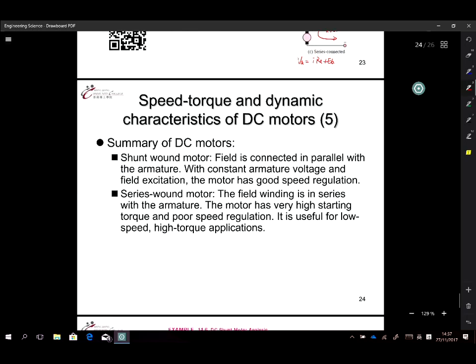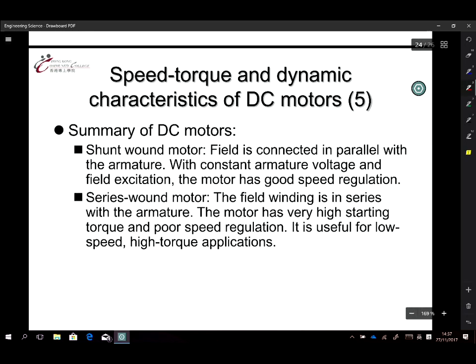Now we sum up the DC motors for you. We have two DC motors here. Firstly, for the shunt motor, the field is connected in parallel with the armature, and it can provide a constant voltage and field excitation. Therefore, this motor has very good speed regulation. On the other hand, for the series motor, the field winding is in series connection with the armature.